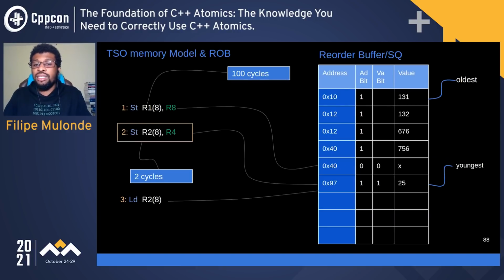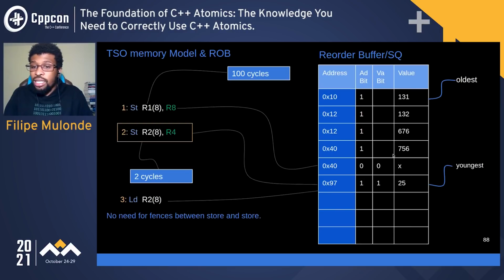And the question is, how is this behavior influencing the total store memory model? The influence is that there is no need for fences between stores and stores. Why? Because the reorder buffer is a first in, first out structure.